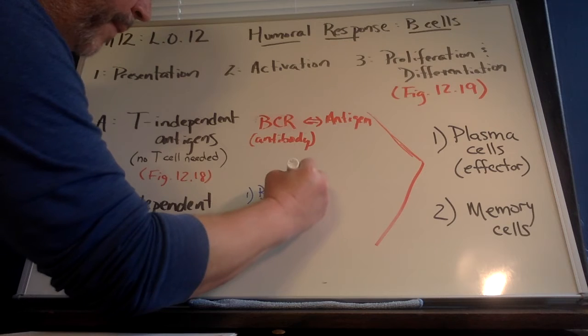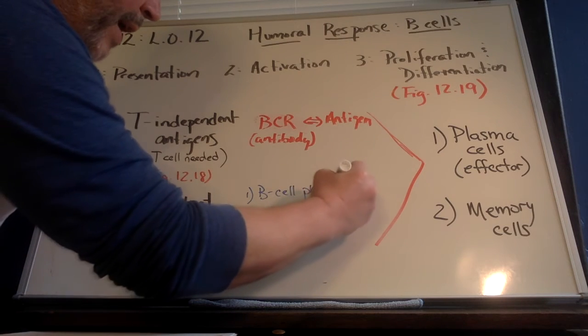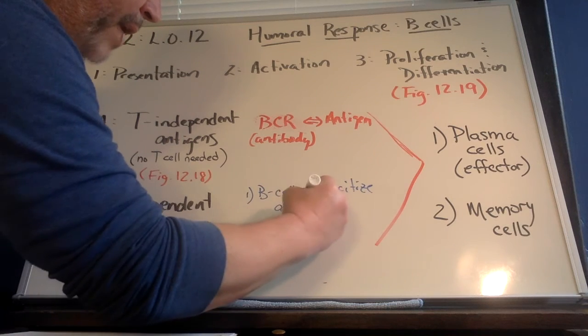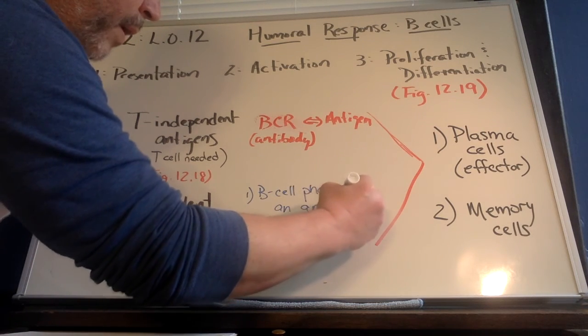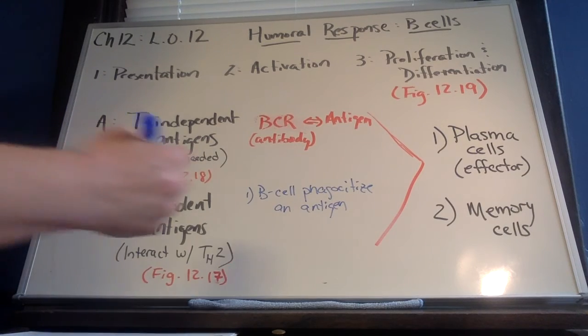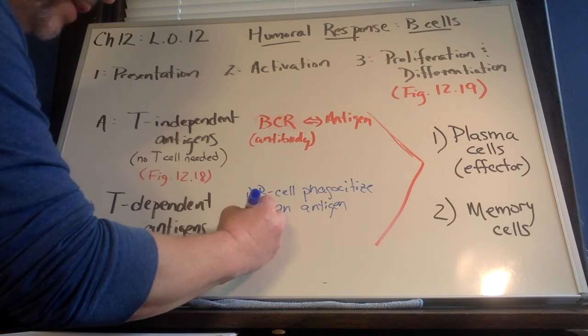So the B cell is going to phagocytize an antigen. So we can see that in the first part. As it brings it in, it will break it down, or sometimes it might even keep it whole as they show in the picture, but usually it breaks it down.